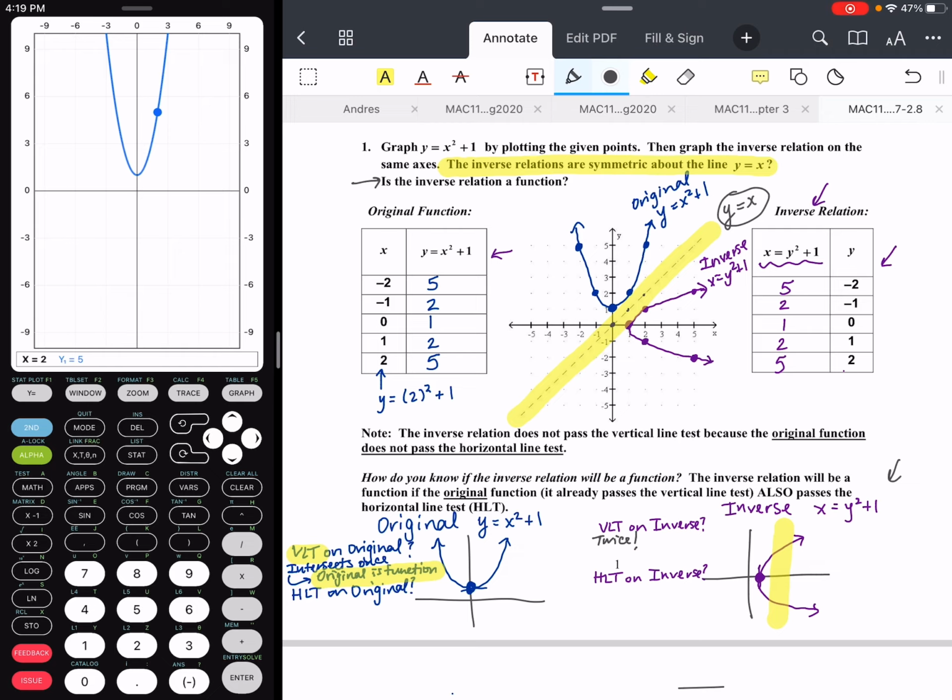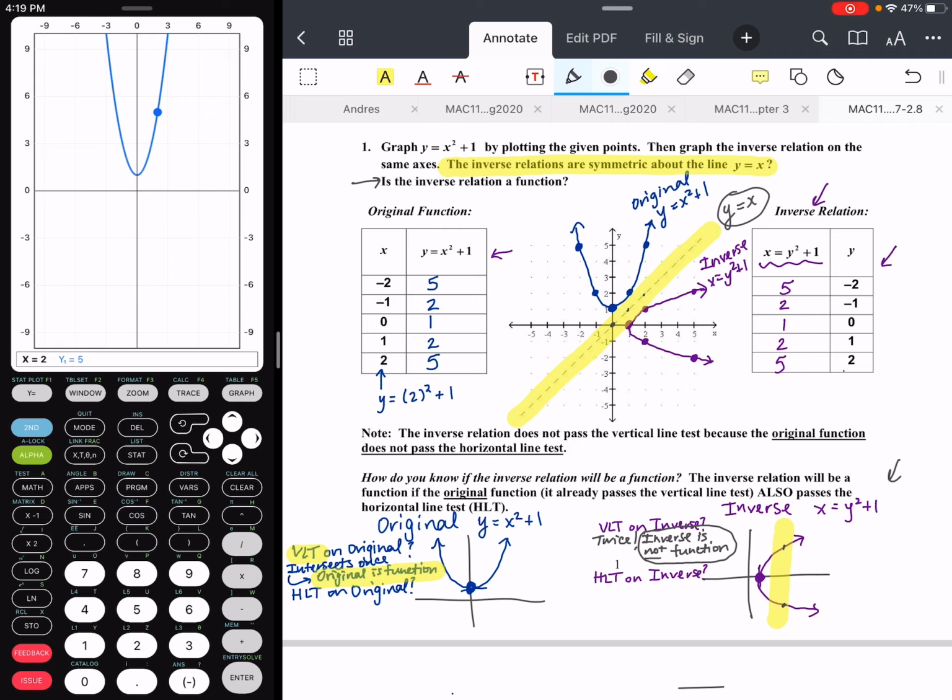One vertical line hits the graph here and here, hits twice. So that means that the inverse is not a function. Okay, so this inverse relation is not a function. We can determine that just by applying the vertical line test to the inverse now that it's drawn out.